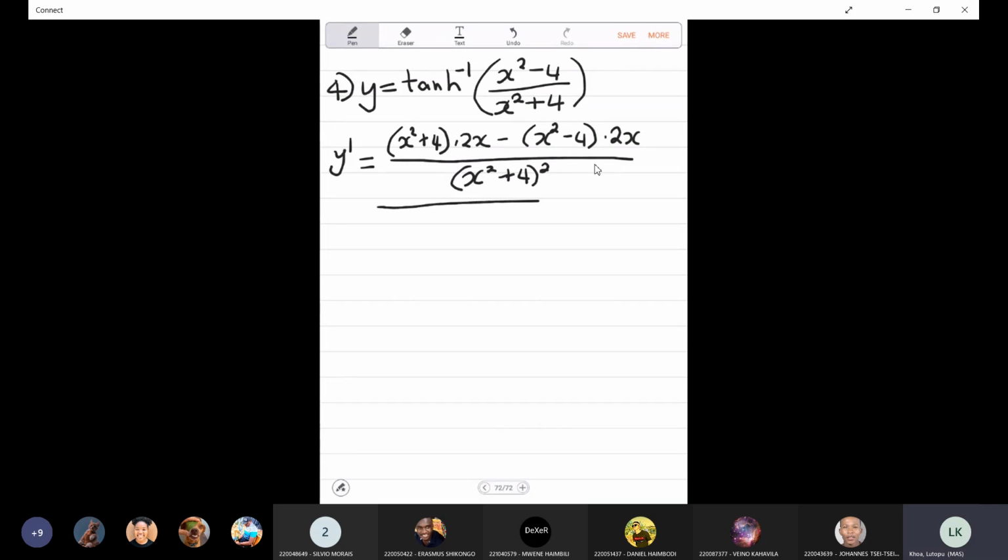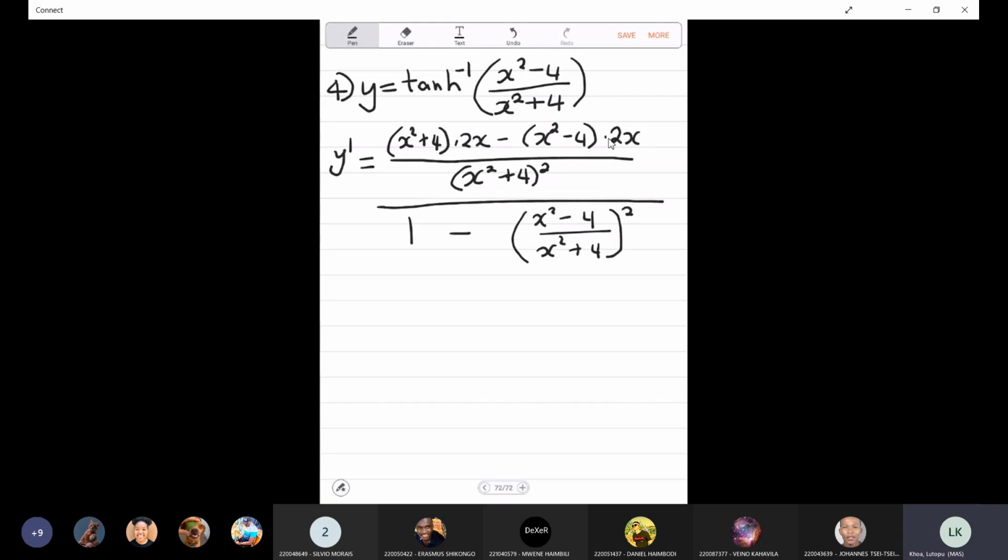And then in the denominator we have 1 minus our function squared. Okay, so we can simplify as far as possible.